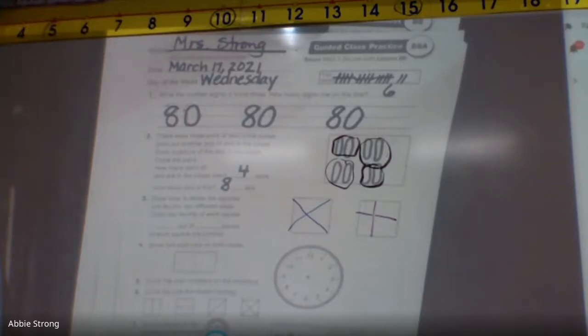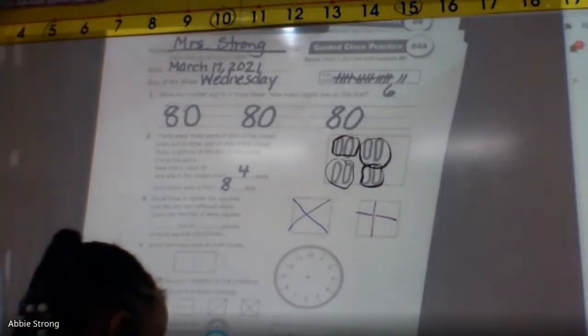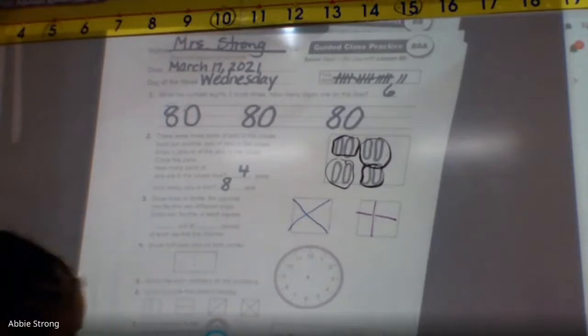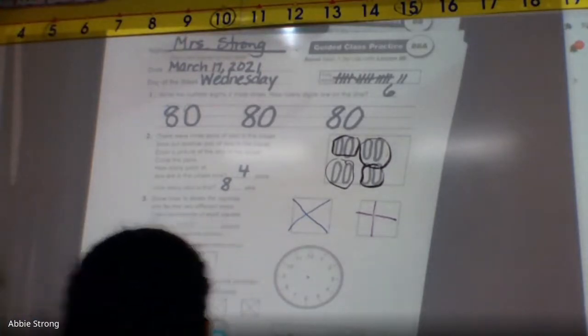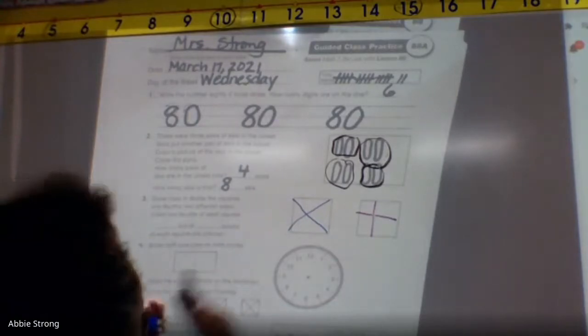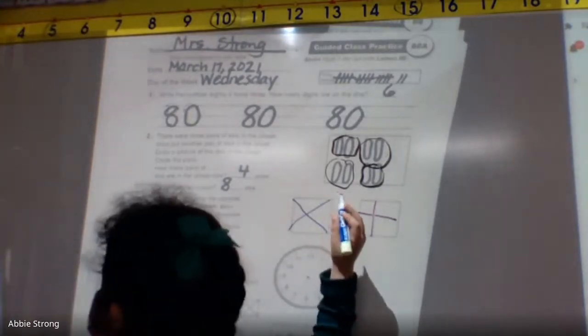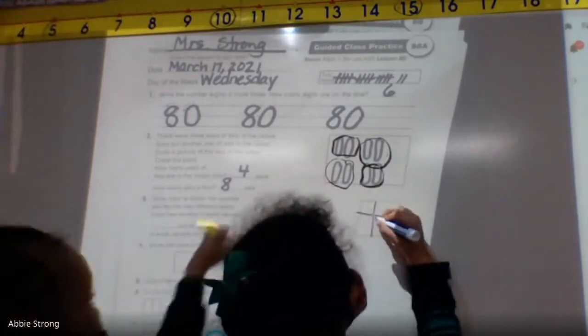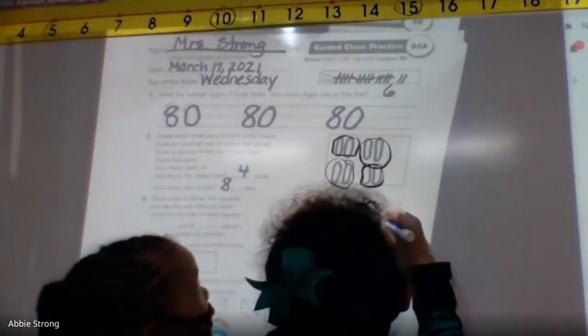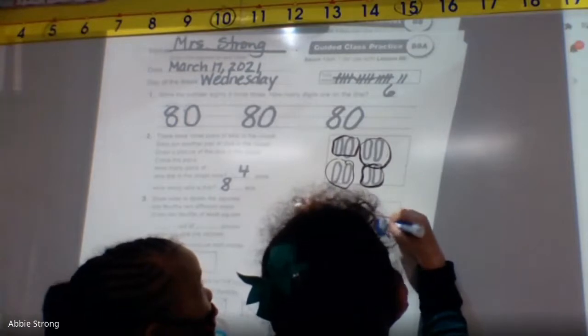It says color 2 of the sections, 2 of the fourths. I need to see you color 2 of the fourths. You can color any 2 that you want. Yep, Caitlin. 2 of the fourths.